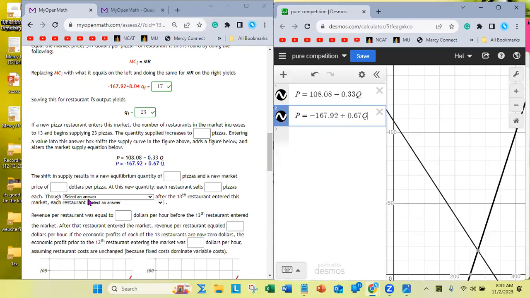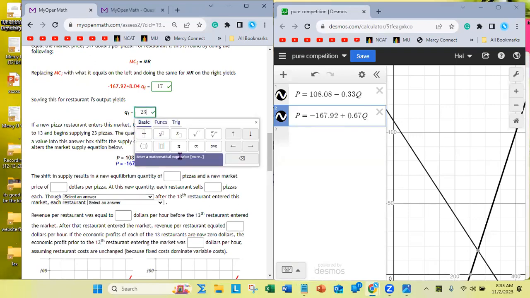So if you think that and you're willing to take a risk, roll the dice, then you might open up a 13th pizza restaurant in the market, right? You also have noticed that each restaurant is supplying 23 pizzas, maybe per hour on average. So you're going to enter this market thinking that you're going to be able to supply 23 pizzas.